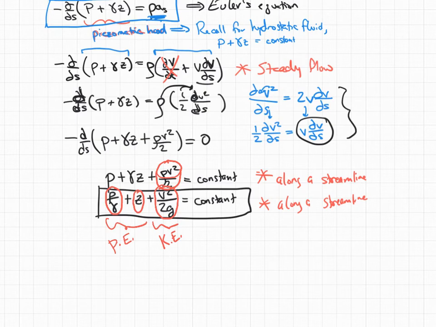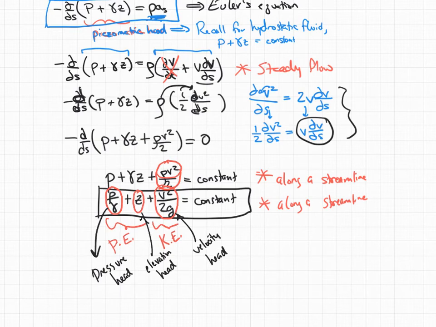So we've got this split up into three different types of energy. This is what we call pressure head. This is elevation head. And this will be called velocity head.